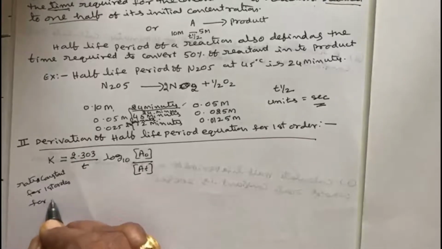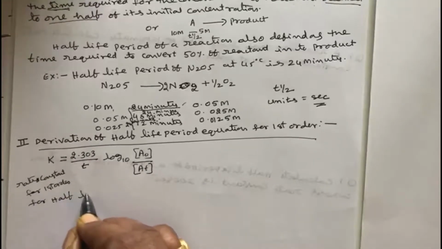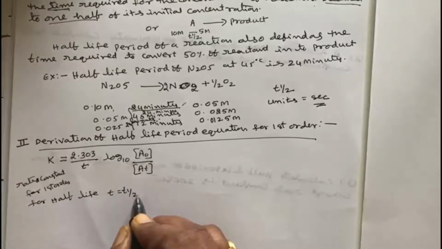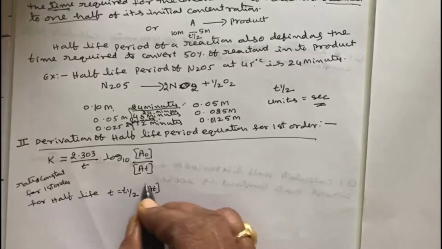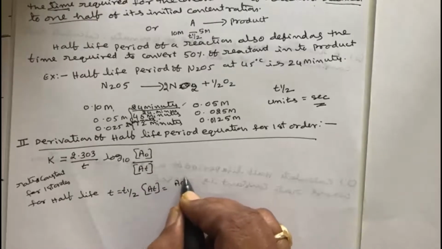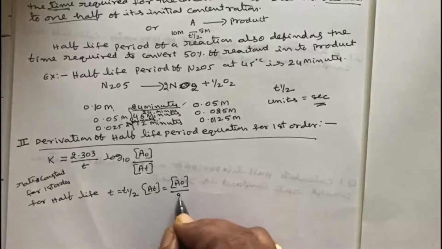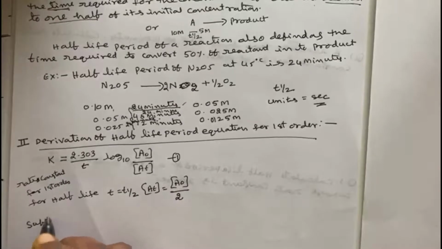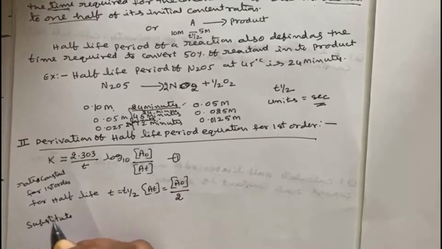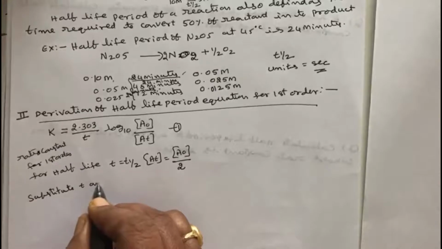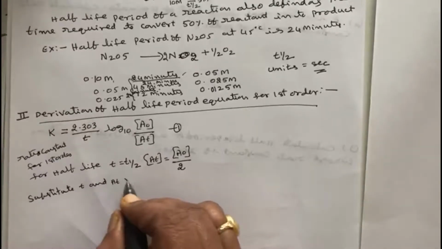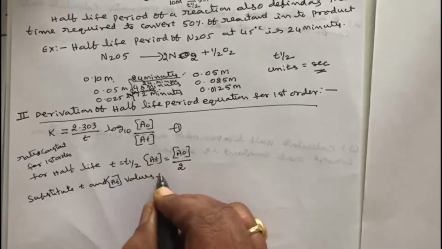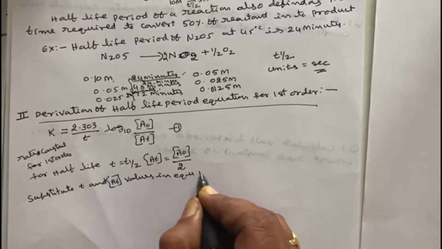For half-life, T is represented as T-half and AT is written as half of its initial concentration, that is A0 concentration by 2. Now substitute the T and AT values in equation 1.